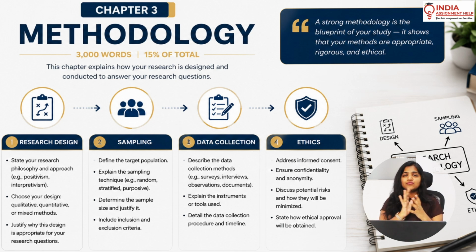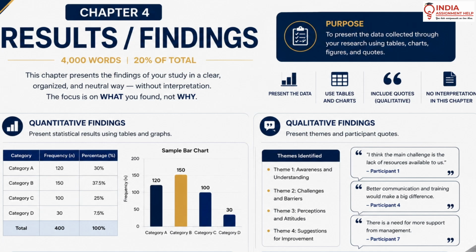Now coming to the fourth chapter, which is the results and the findings chapter. This is the chapter where you will actually tell your results, all the graphs, tables, all the charts will go live in this section, and you will talk about the result of your findings, but you will actually not interpret the data.